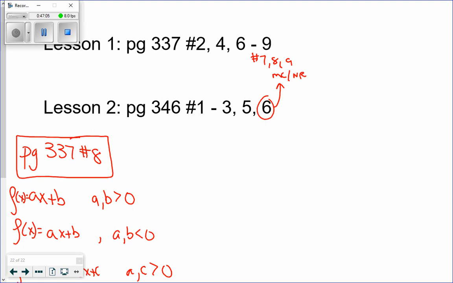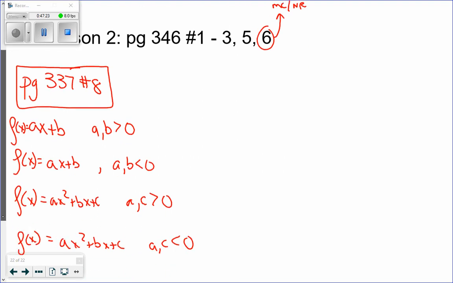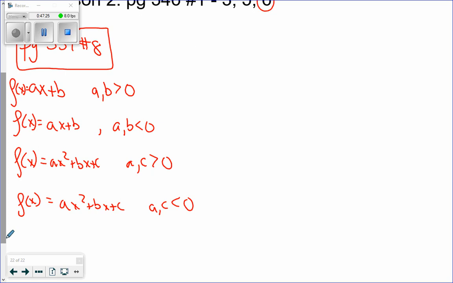Number 8 on page 339 and number 9 on page 339, those are numeric response, classic diploma. So what makes question number 8 such a classic diploma exam question? The fact that they gave it to you all in letters with no numbers is what makes this diploma worthy.